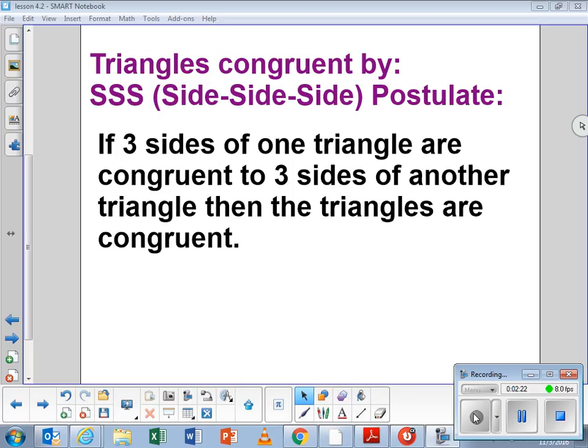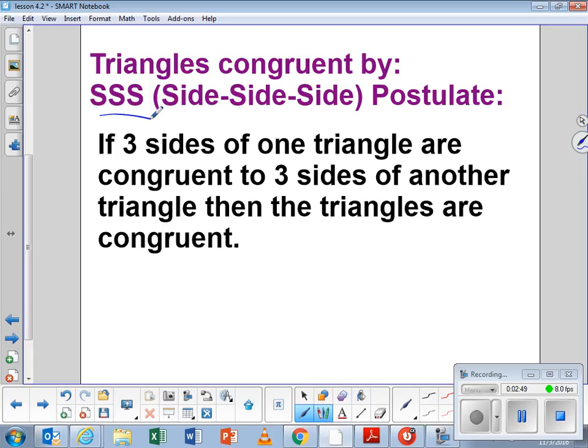No. But if you all had the same length sides, SSS says that I could take all of your triangles and I might have to flip them over, rotate them around, and slide them here and there. But without changing the shape of your triangle, I could get every one of those triangles stacked on top of each other so they would look exactly the same.